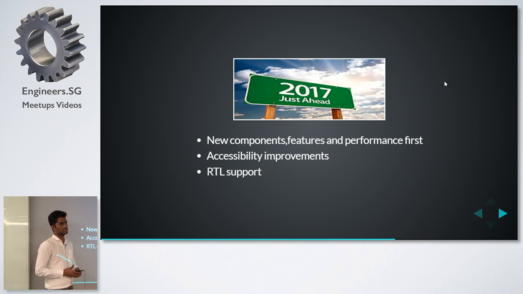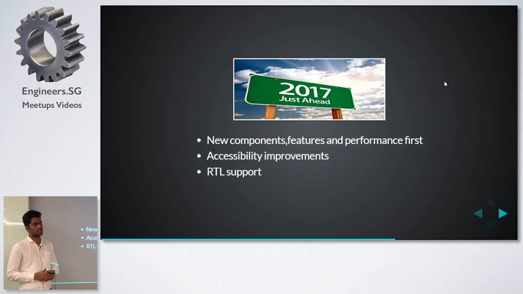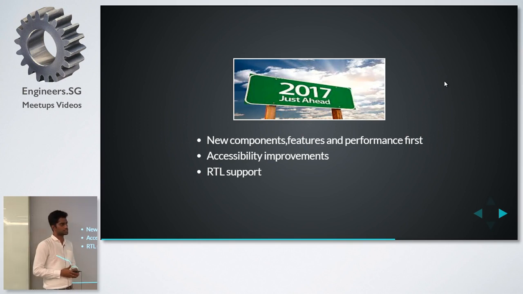For each component, they are going to test how much time it takes, and what technologies we can use to improve the performance. All those things are going to be considered. Along with this, accessibility will be improved for screen readers, keyboard support, and so on. And RTL support will also be added, because some of the clients are asking for RTL support, right to left.